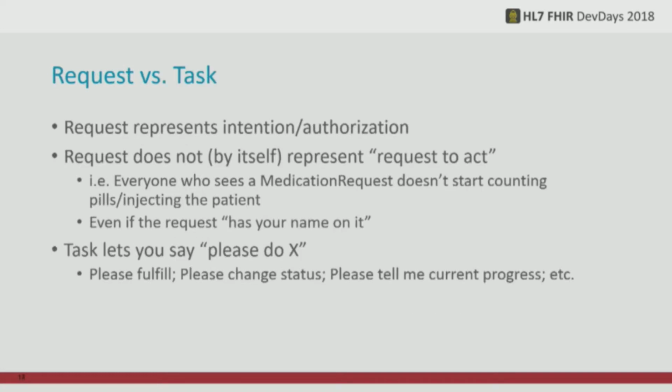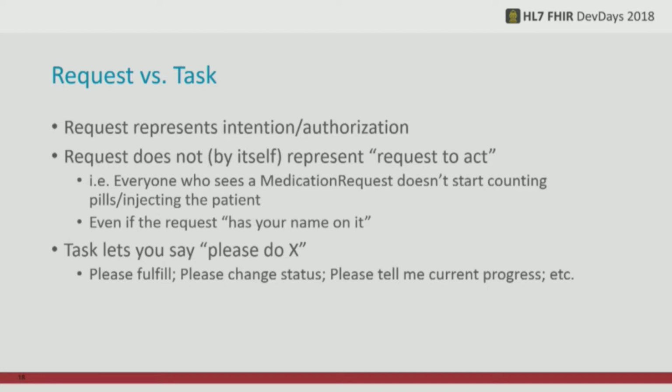One of the things that became evident to us in the workflow project early on is that there's a difference between the request resource, or the order, or the plan, or the proposal, and the task or the fulfillment request, the asking for something to be done.